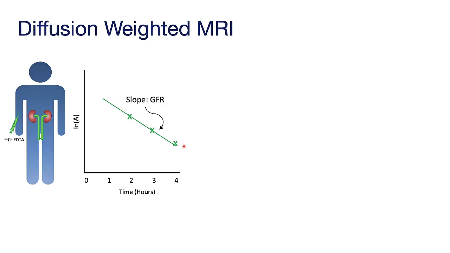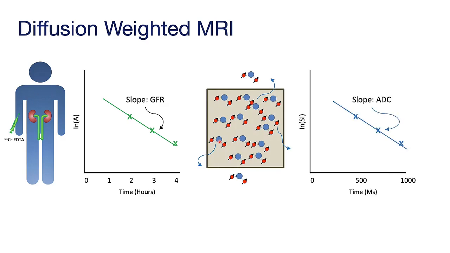the tracer disappears from the blood system is represented by this slope on a log graph, giving us the glomerular filtration rate. Well, exactly the same concept applies to the measurement that can be made on MRI. But here the MRI has labelled the hydrogen atoms within the water molecules within a tissue volume, and these will move out of the volume with time due to diffusion.